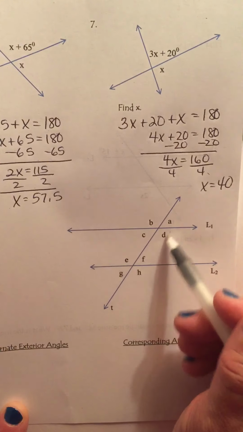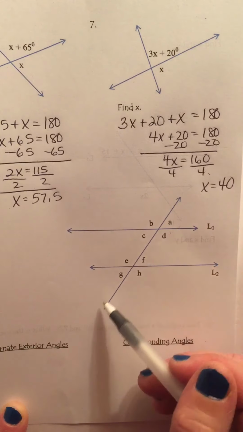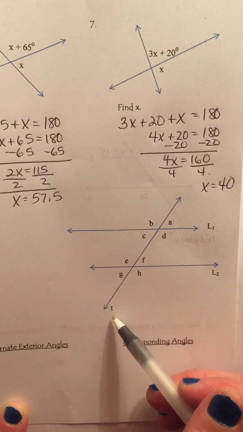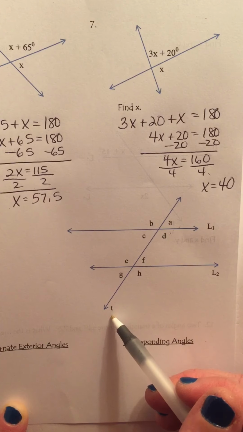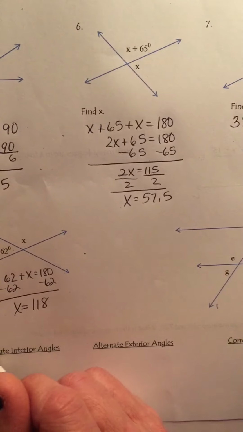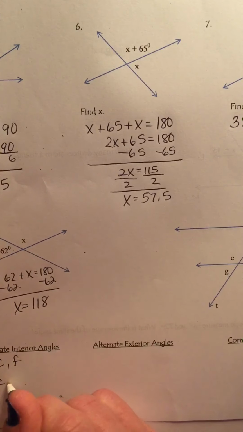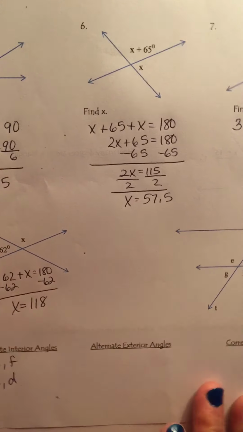Interior means they're going to be inside the parallel lines. Alternate means opposite side of this line named T, the transversal. Okay? So our alternate interior angles are going to be C and F. That's one pair, and E and D are the other pair.